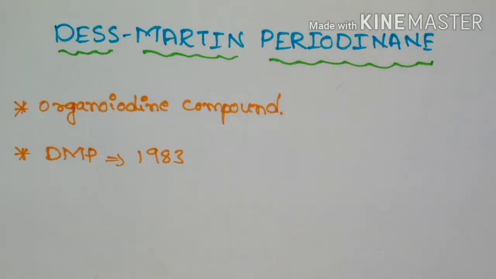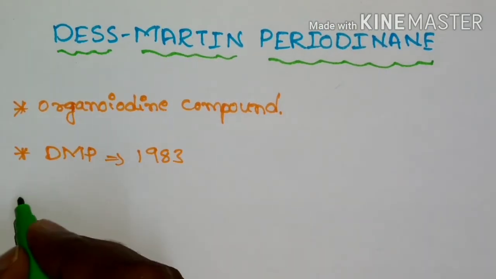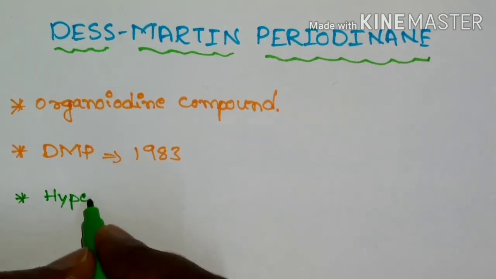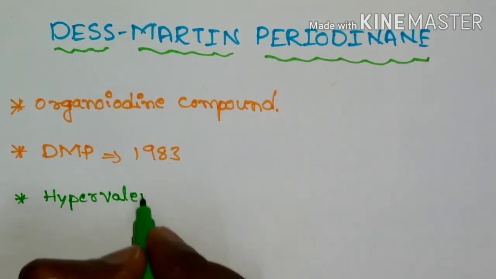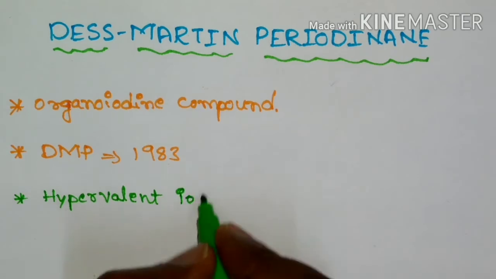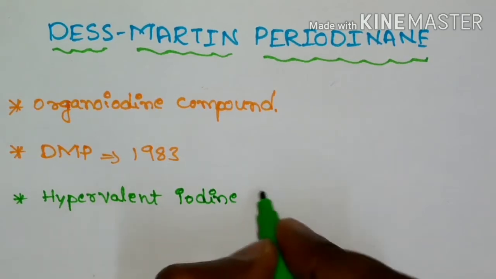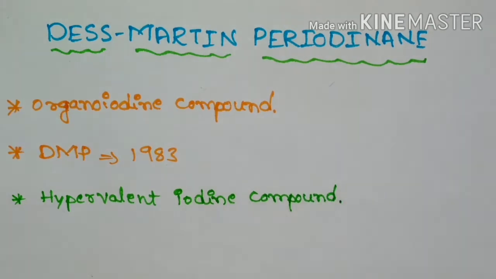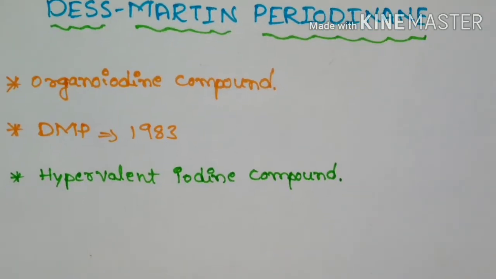This Dess-Martin periodinane comes under the category of hypervalent iodine compounds. So what is a hypervalent iodine compound?